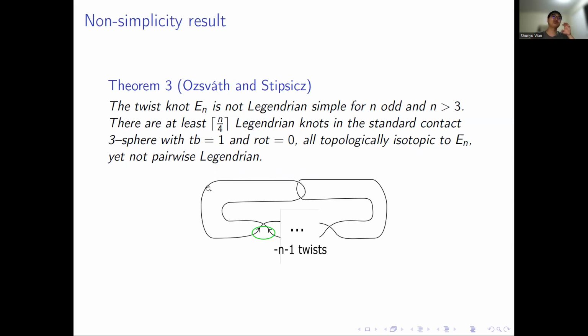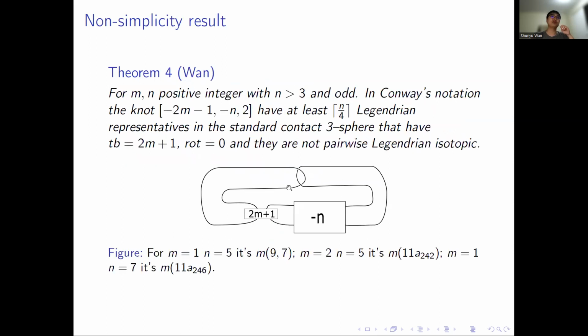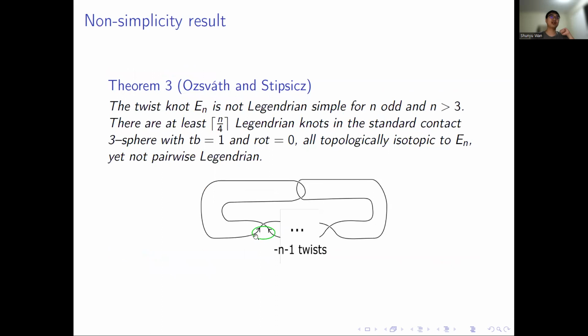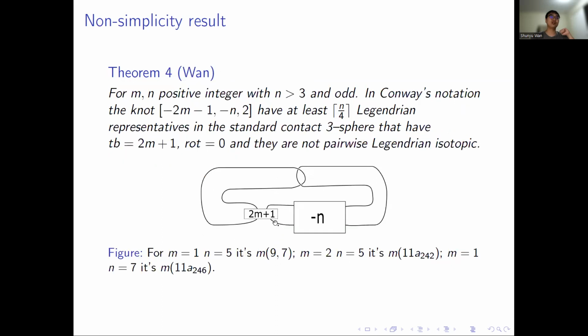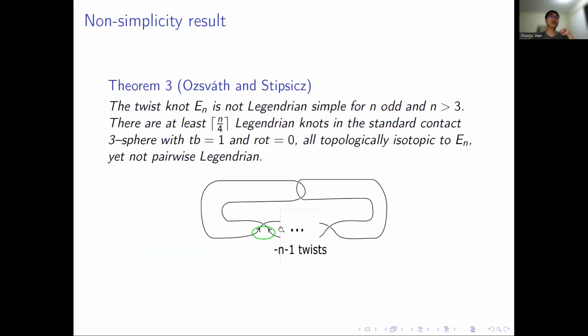So using this theorem and the +2 naturality result of the LOSS invariant, I can conclude the following result. This knot, which in contact surgery notation is -2 and -1, -n and 2, has the same number of Legendrian representatives with the same TB and rotation numbers, but they are not pairwise Legendrian isotopic. You can see that these two pictures only differ by adding that many right-hand twists. Oh, sorry, in this green circle.